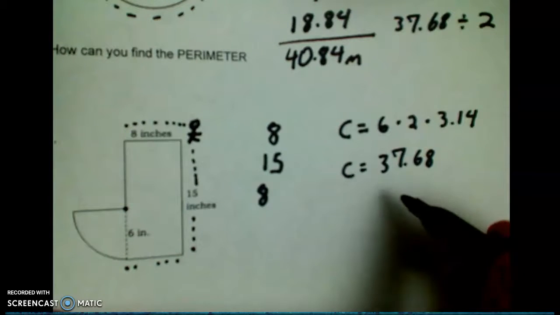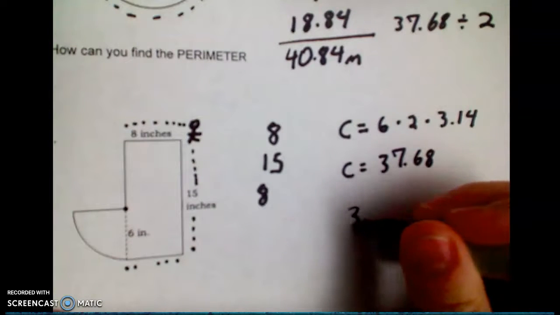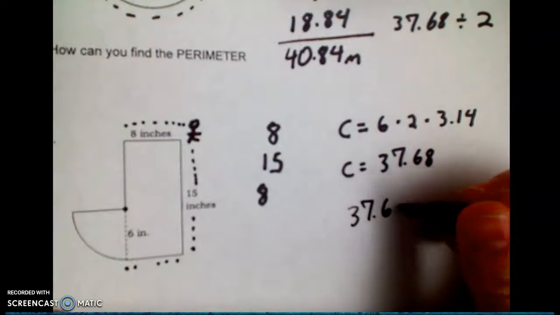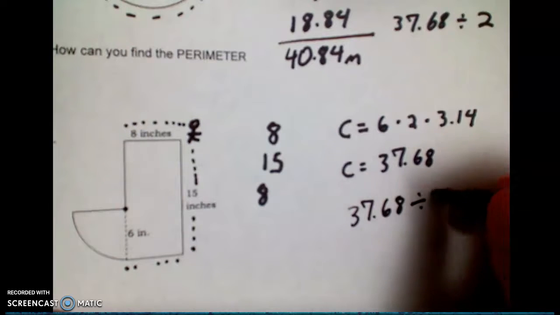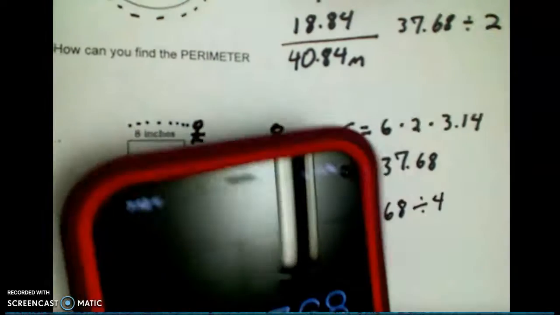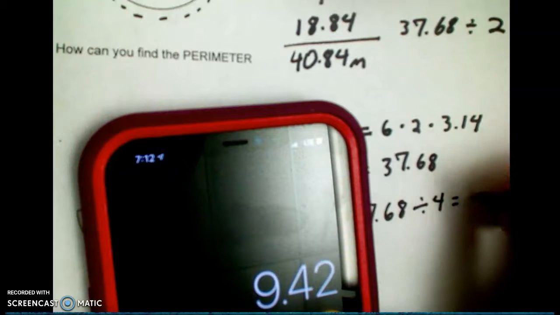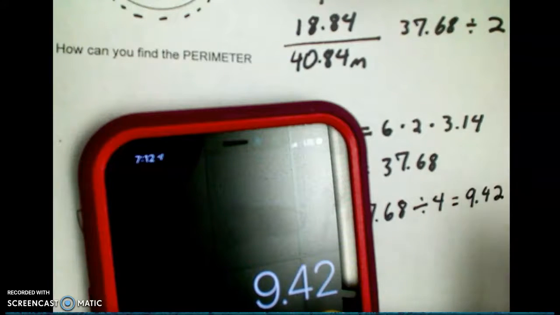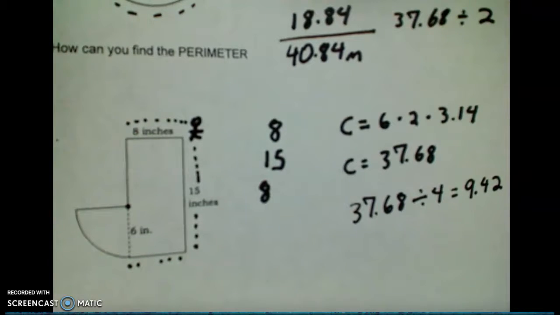That means I need to take my circumference and divide it by 4, because it is only 1/4 of the circumference. So let's do that. And it equals 9.42. Okay, so let's continue our man's journey.